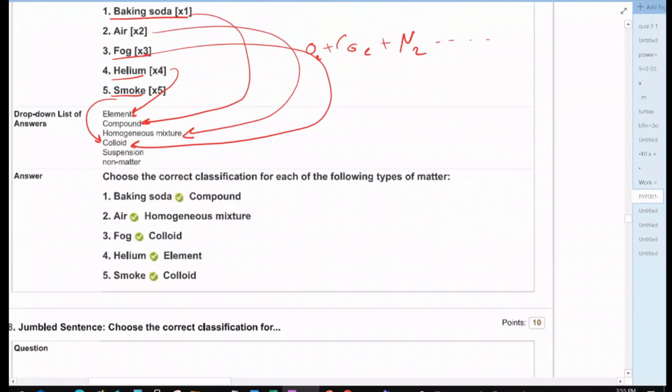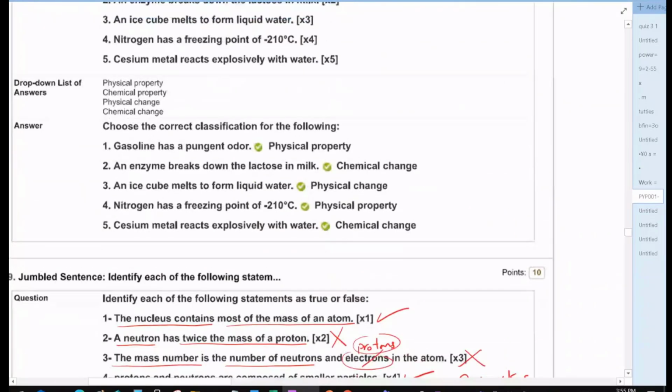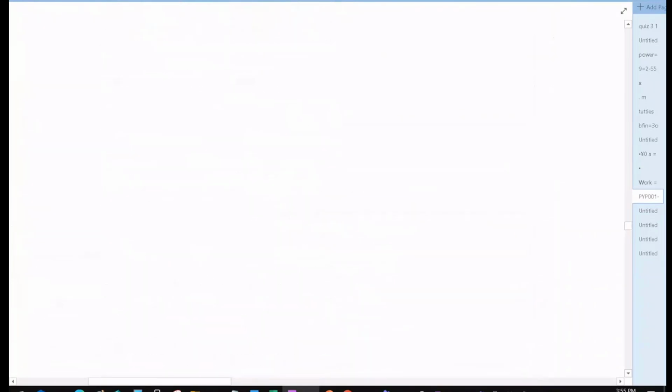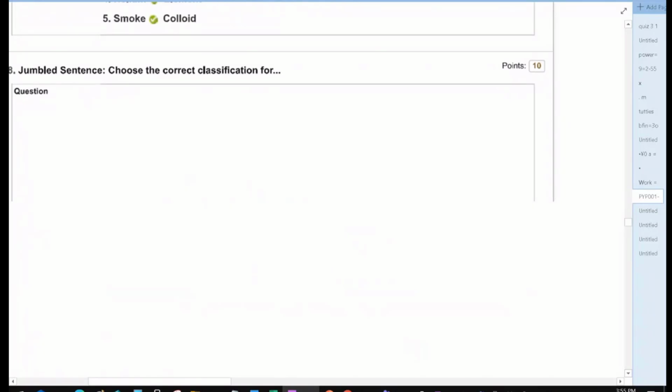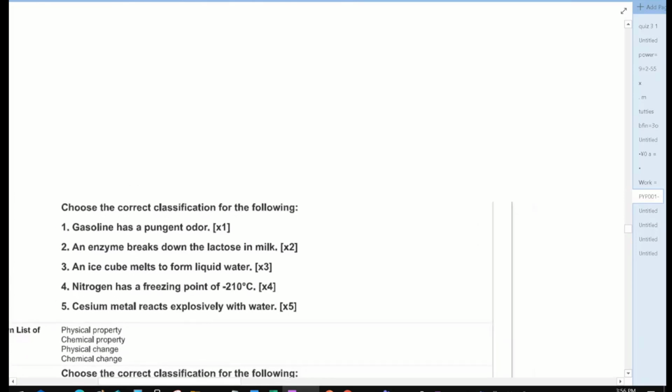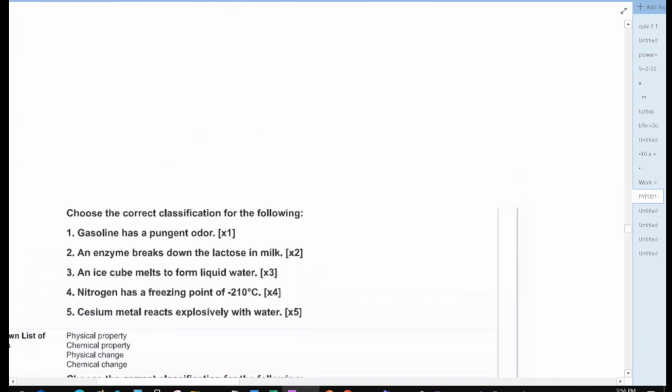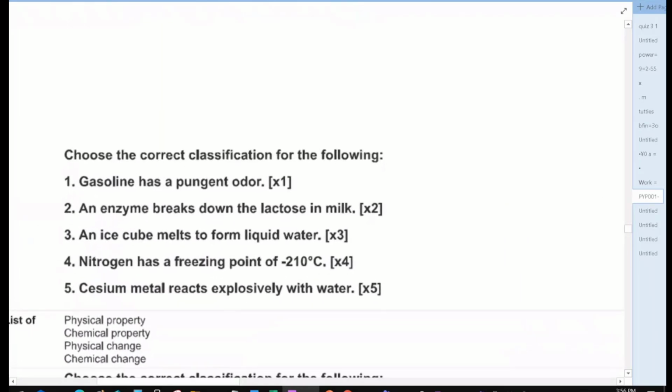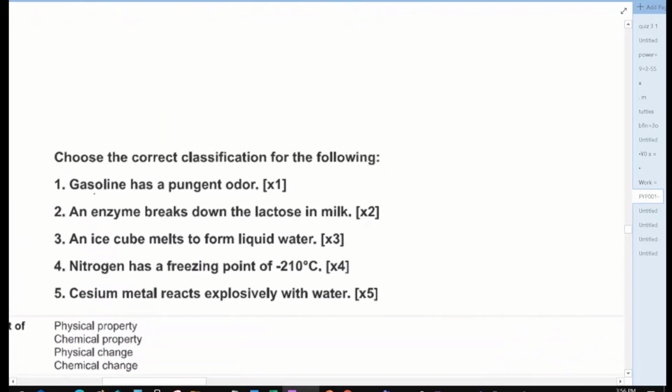So this one. Choose the correct classification. We need to classify: gasoline has a pungent odor.